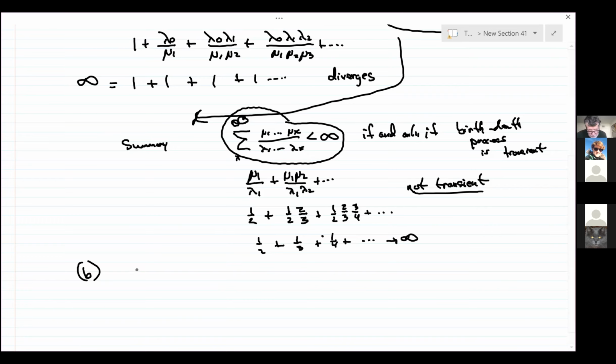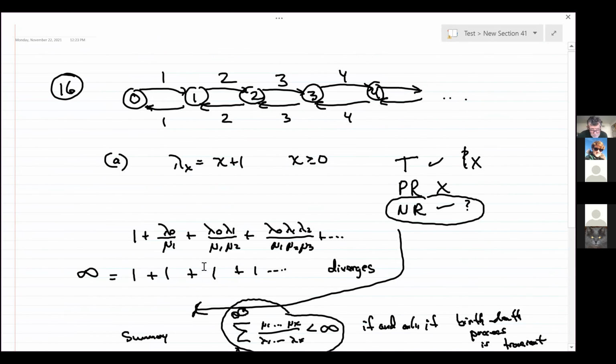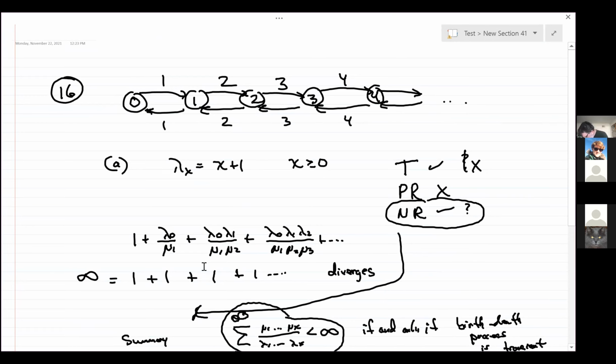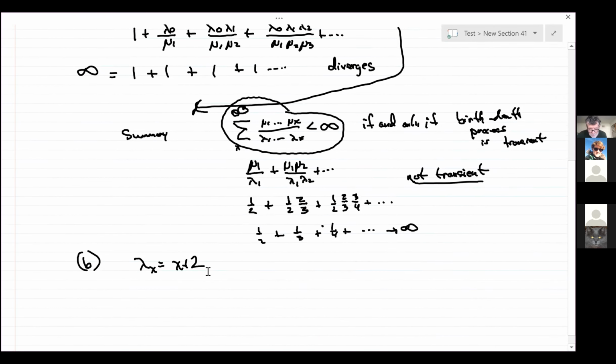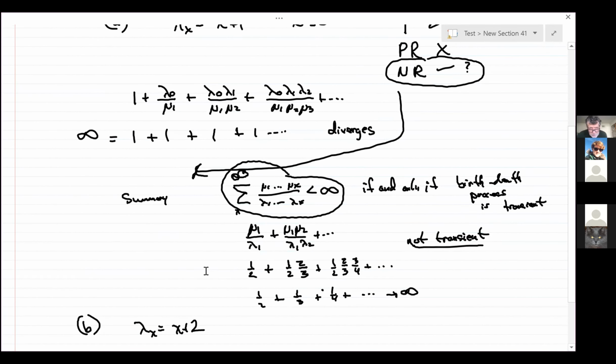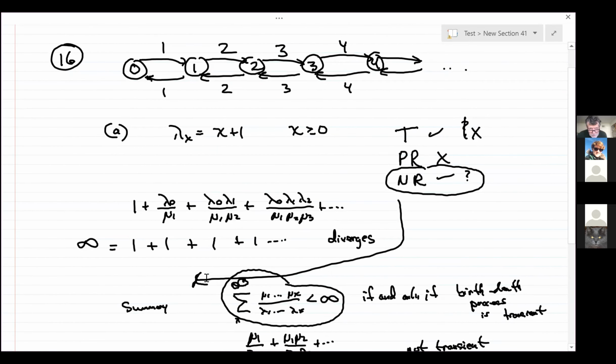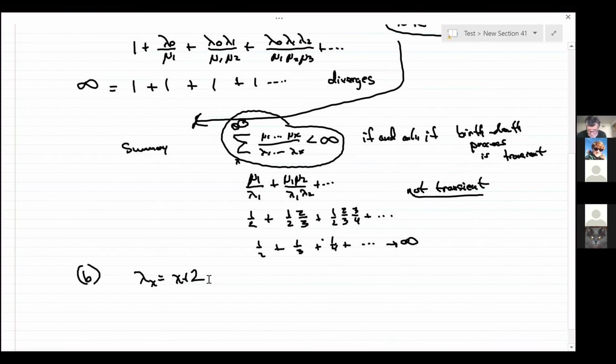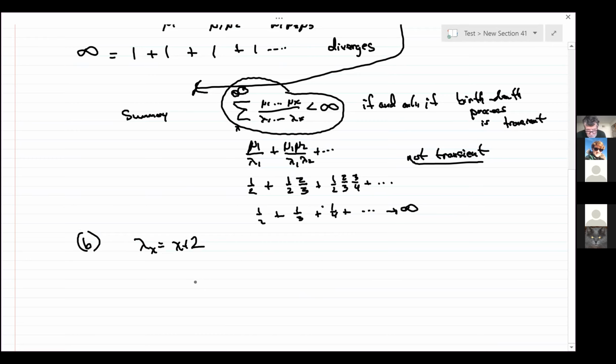So if lambda x is x plus 2, and I assume therefore that the death rates haven't changed, they're still x. Okay. So let's draw the picture one more time. The death rates are still the same. So we have 0, 1, and 2, and 3, and so forth.